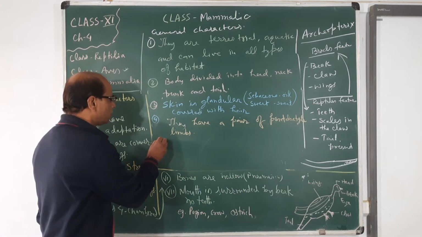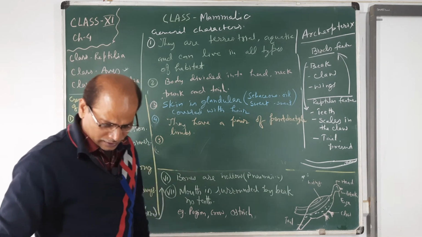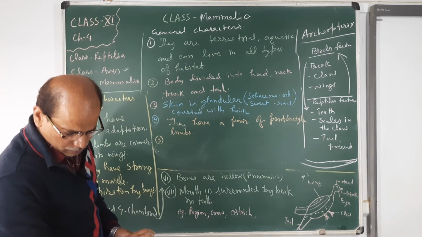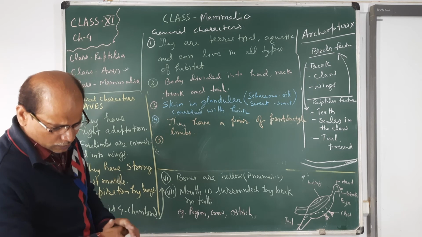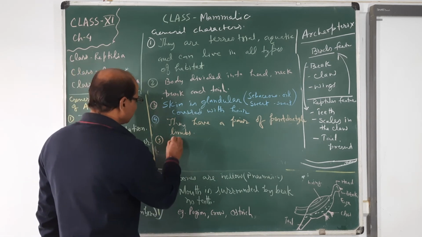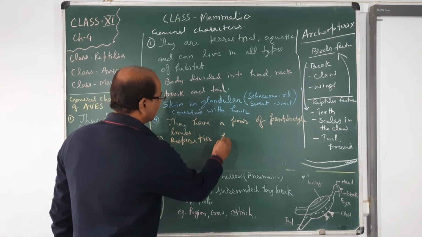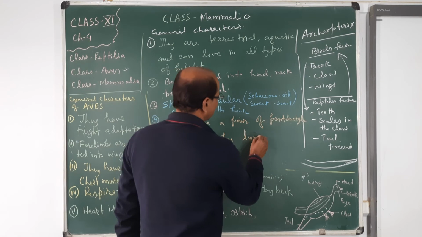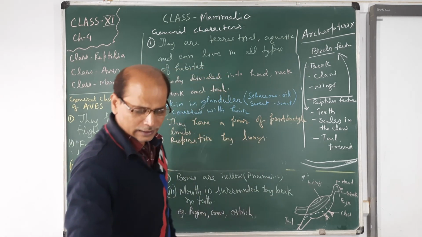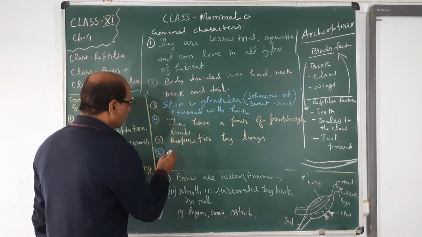Number 5 is reproduction occurs by only sexual ways, and respiration by lungs. The heart is four chambered, respiration by lungs, and the heart is very developed, four chambered heart, like apes also.